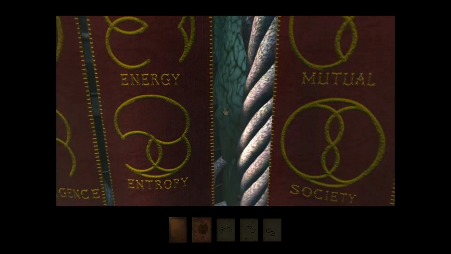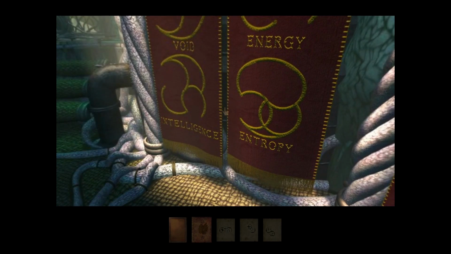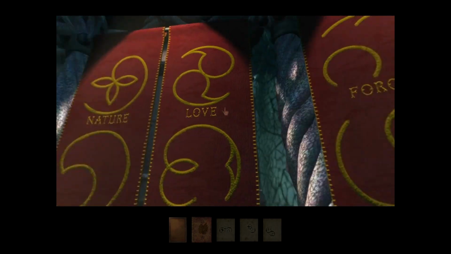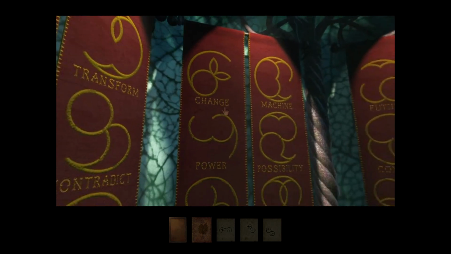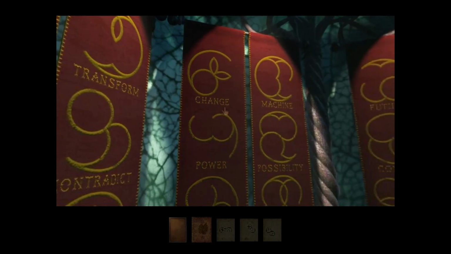Change. Hey. Chaos. That's not change. Oh shit. There's change. Change. Right. Fruit. We had change already. We knew change. Got you. And the little leaves. And then it's a half circle.